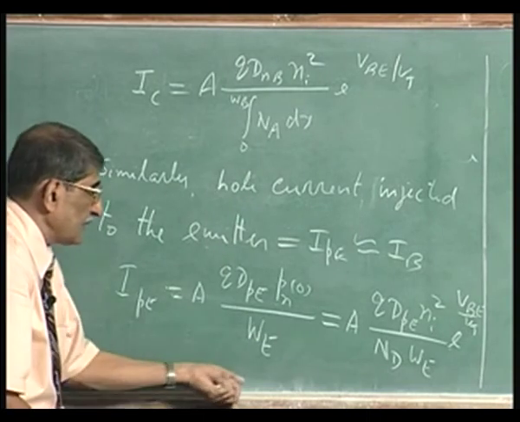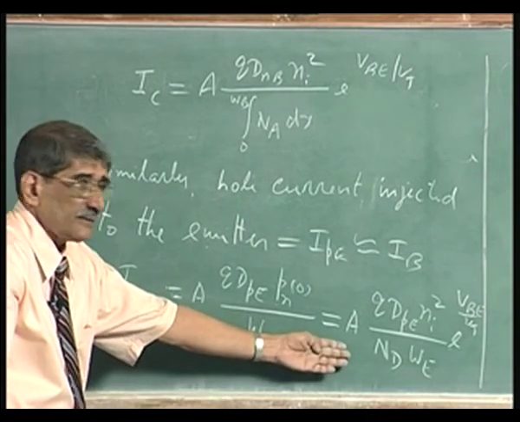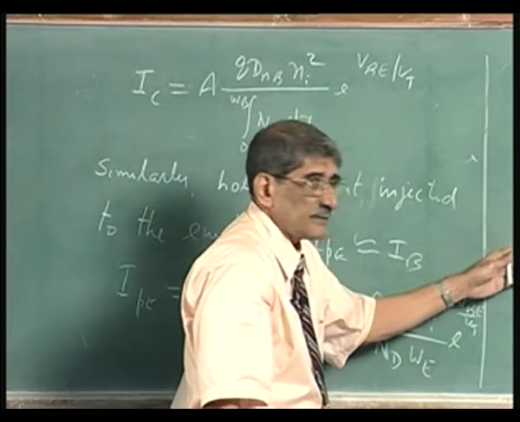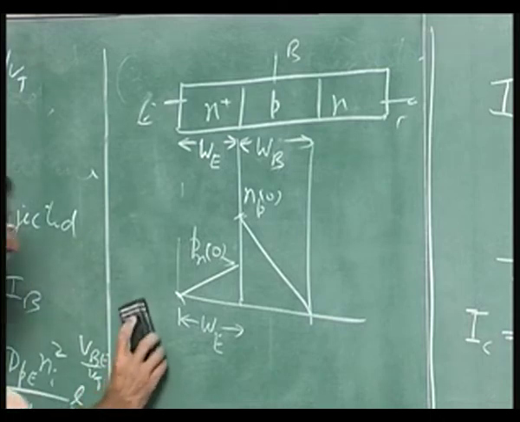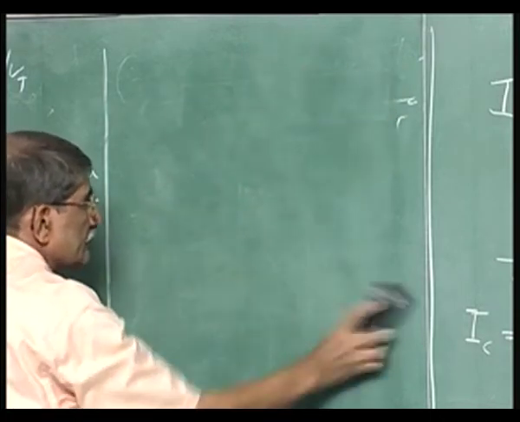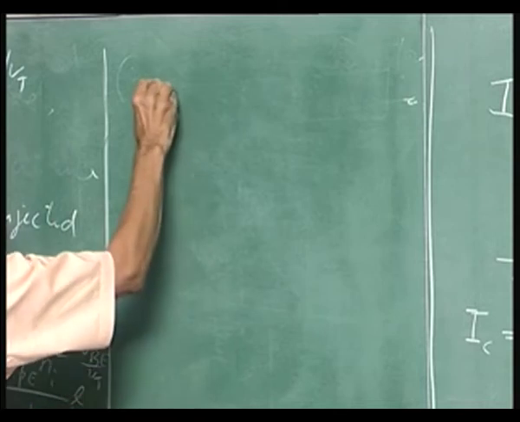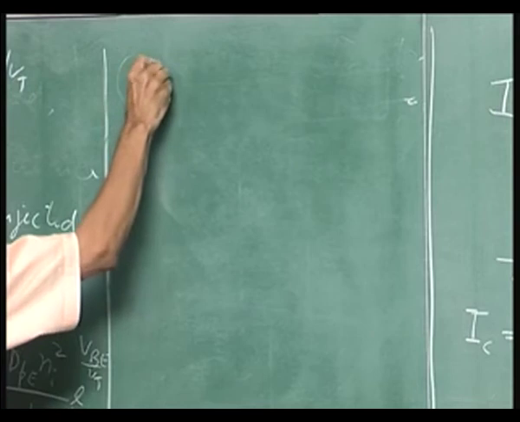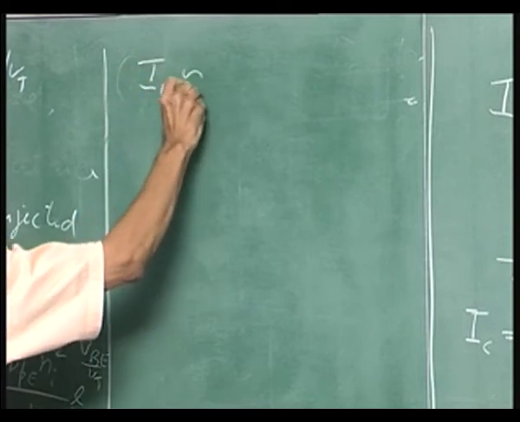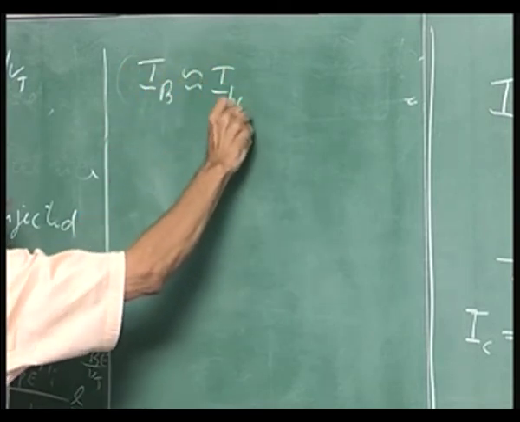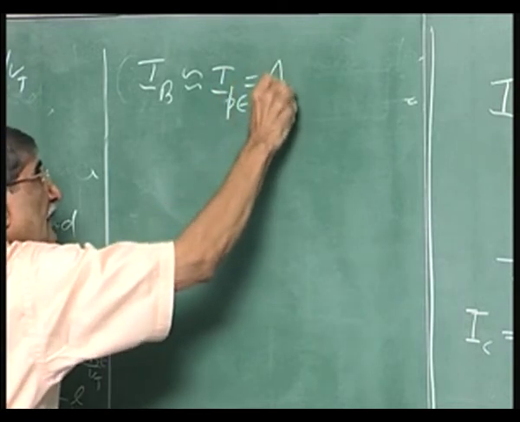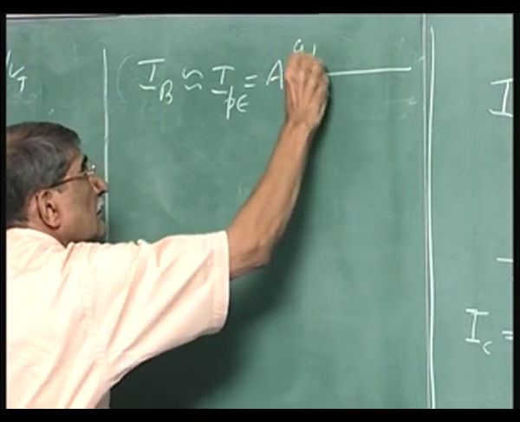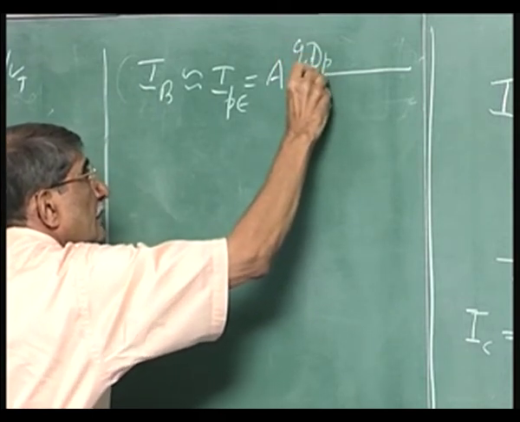So, now what I will do is this can be written as, okay. Since this is already there, I will remove it from here and go back into this. So, IPE, let me write it once again, these two equations. So, IB is approximately equal to IPE, which is actually equal to area Q DPE.